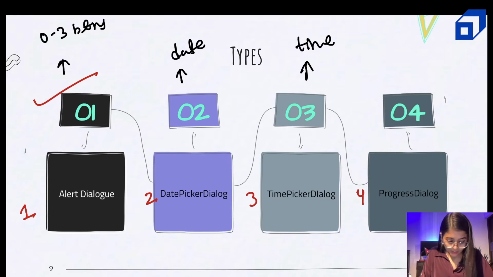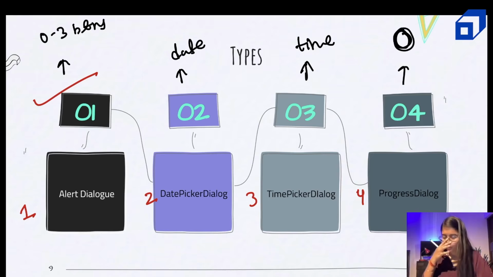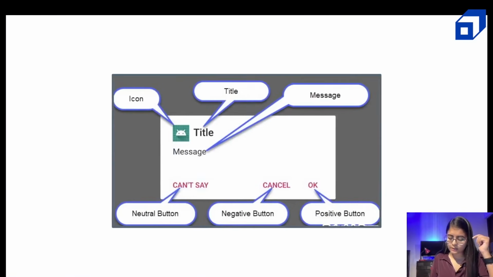And progress dialog is used to display a progress bar. You would have seen some sort of progress bar in many applications, right? Sometimes we want to show progress of something in the application, in the UI. That's where progress dialogs are used.